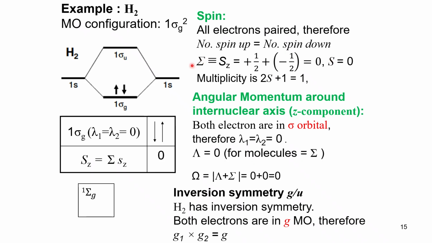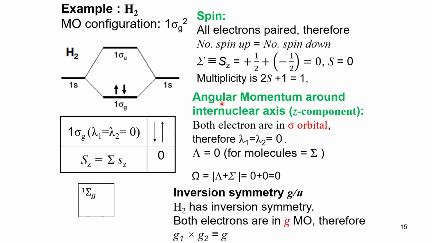So the total spin quantum number with reference to the internuclear axis, the italic sigma, or equivalent to Sz, equals the spin up plus the spin down: plus 1/2 minus 1/2, which equals 0. Therefore, the spin quantum number is 0. If S equals 0, then the multiplicity will be equal to 1.